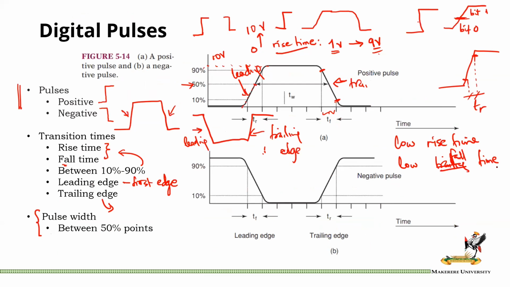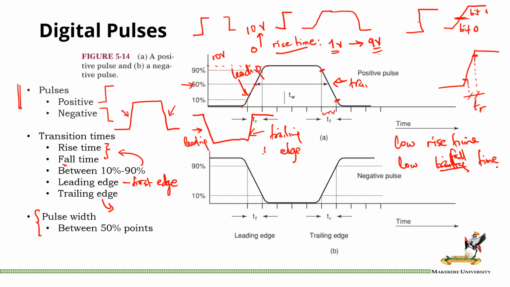The reason is that you want the pulses to be as sharp as they can be, so the rise time and fall time should be very narrow. In real life, these are around a few nanoseconds, 5 to 10 nanoseconds, so they are not really long.